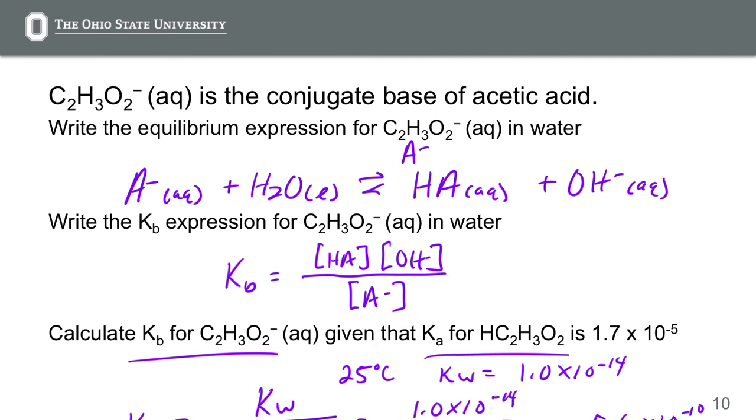So the other thing, you guys don't have a slide for this, so you might need to make it yours, however your notes work. We were looking at sodium acetate, right?